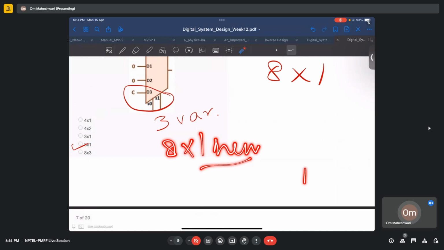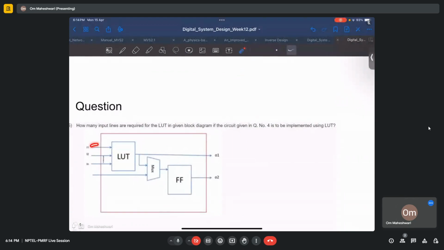And to access those 8 memory blocks, we need 3 input lines, right? So we need 3.